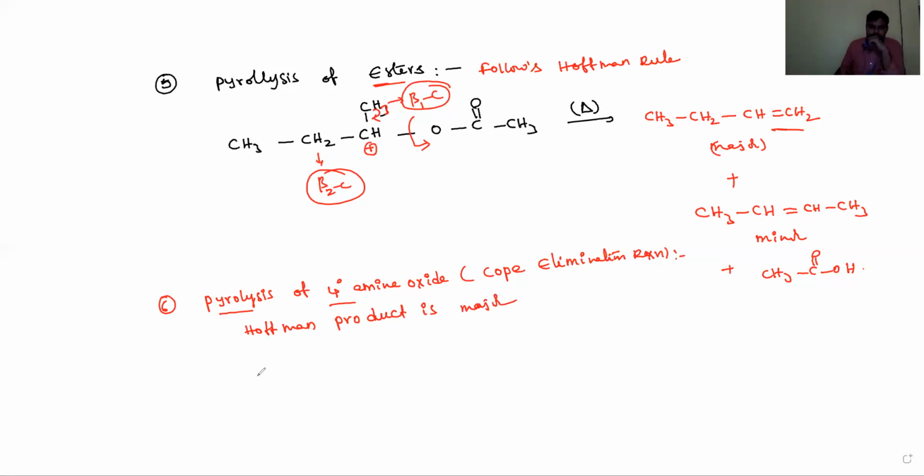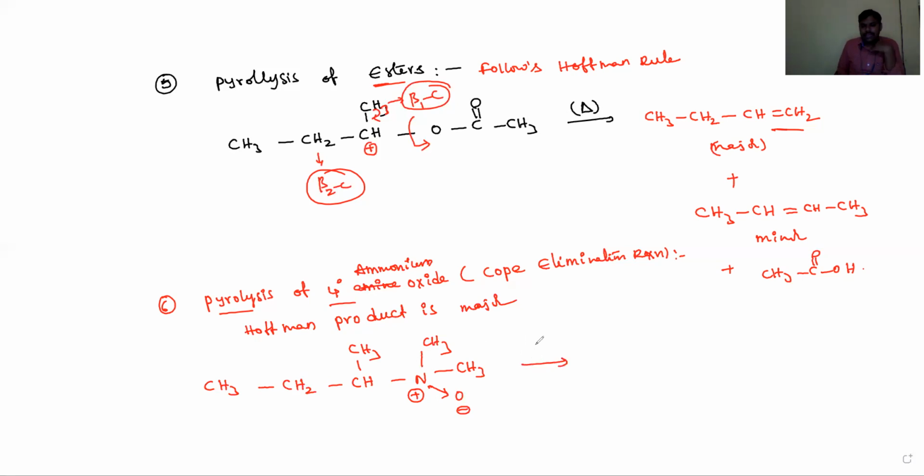Example, let's see quaternary ammonium oxides, amine oxides. For example, CH3CH2 bond CH bond CH3, here nitrogen is present, attached to oxygen, and it has a total of 4 groups, so a positive and negative charge are present. These are called amine oxides.